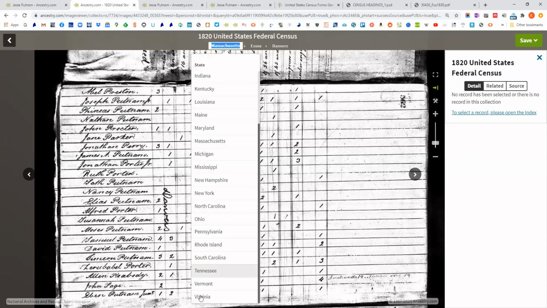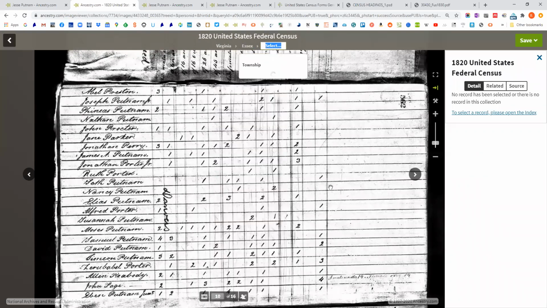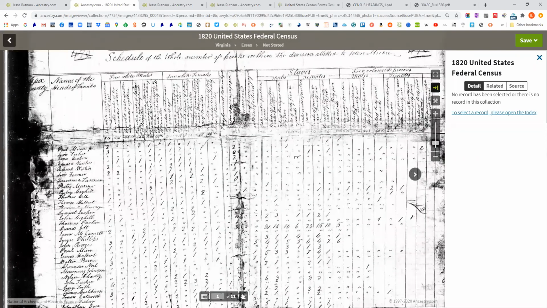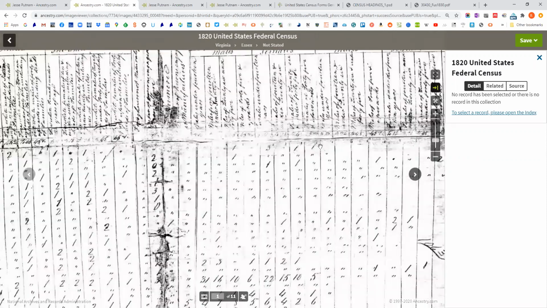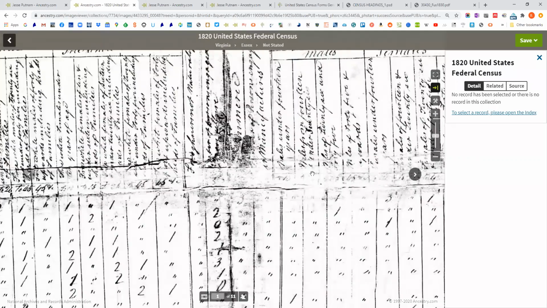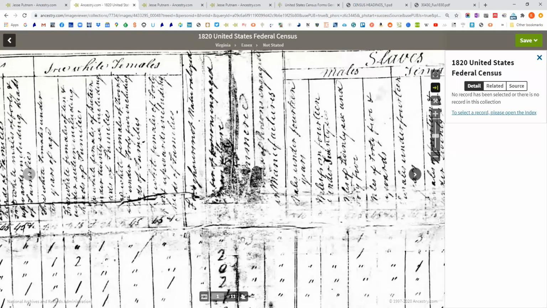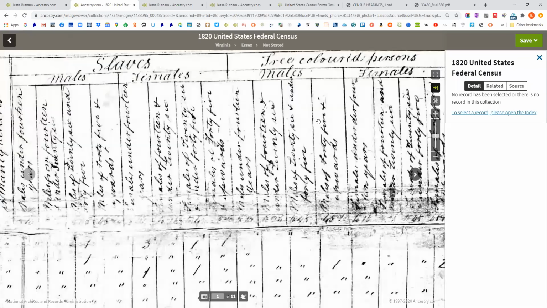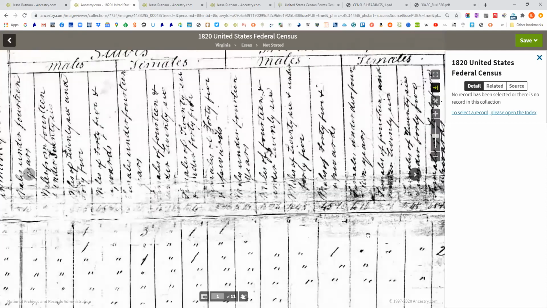How about Virginia? Does Virginia have 1820? So again, here they're doing their own heading, and here's about the manufacture and such, and then you get those enslaved and free people of color, and here they've got columns.